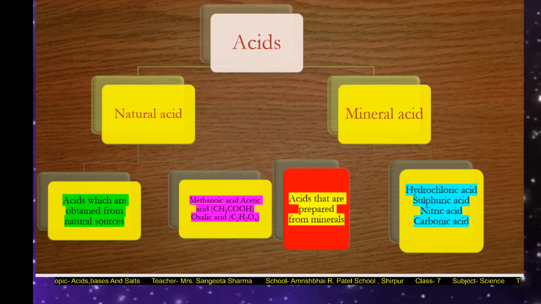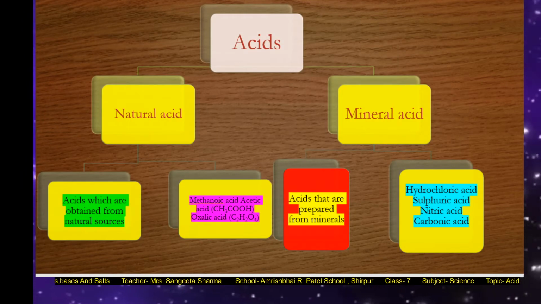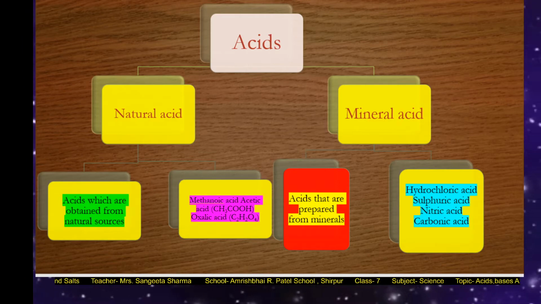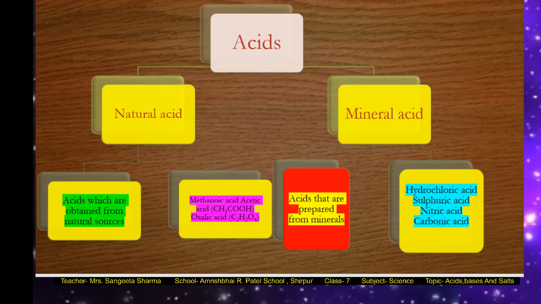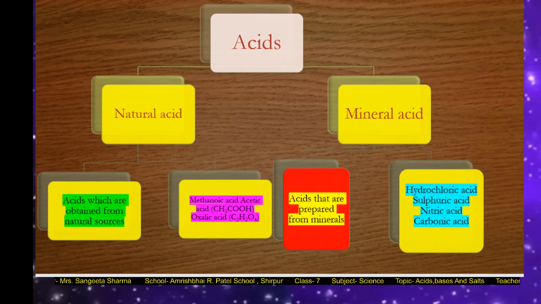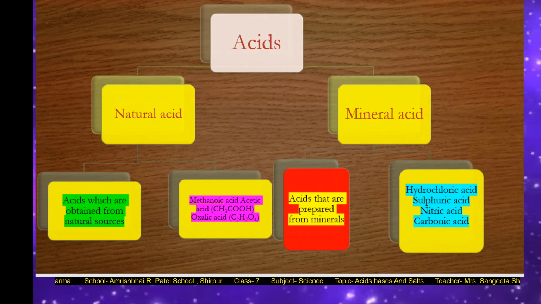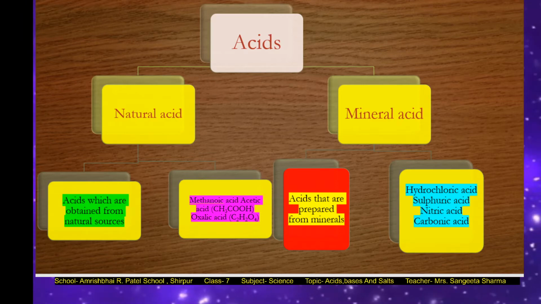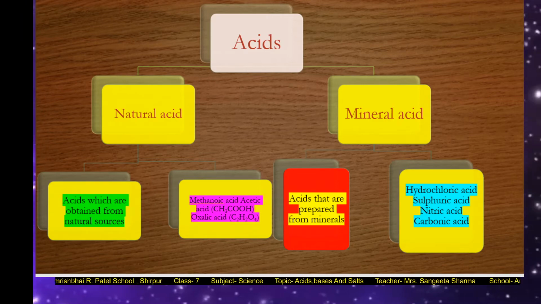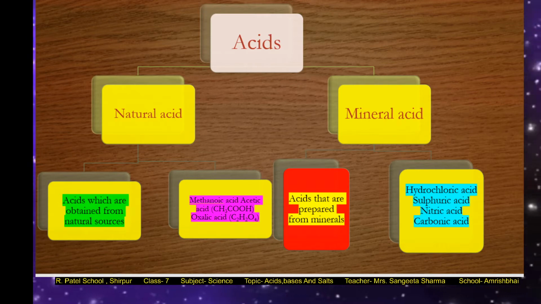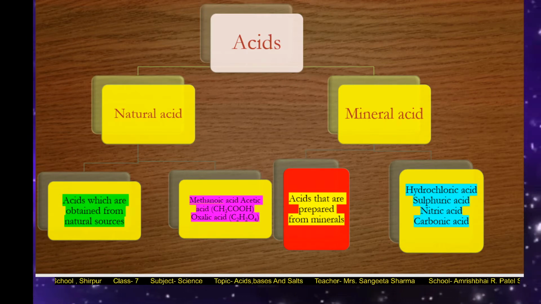Here I have mentioned the classification of acids. Acids can be classified into two categories: natural or mineral. Those obtained naturally are called natural acids, and those made from minerals are called mineral acids. Here I have written the definition.